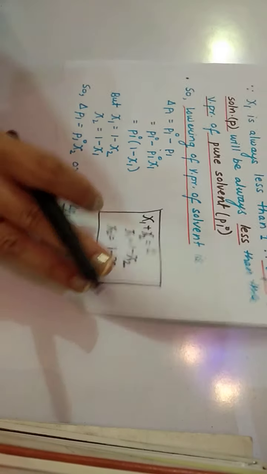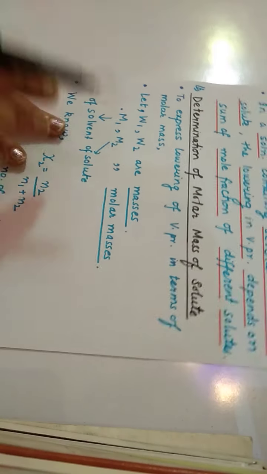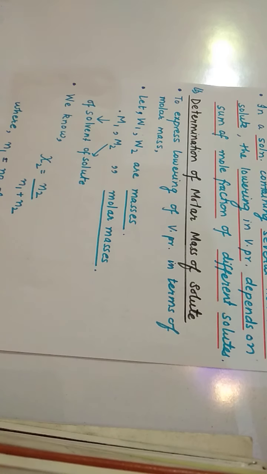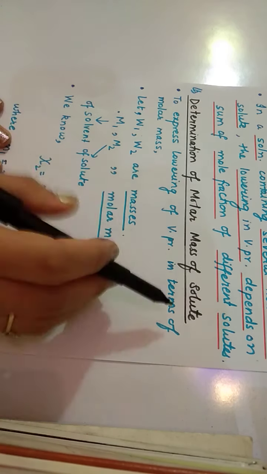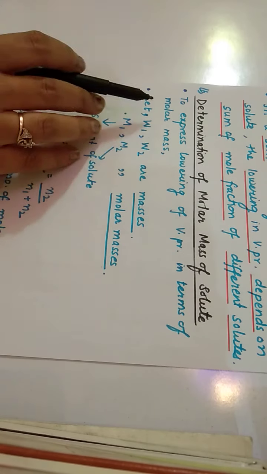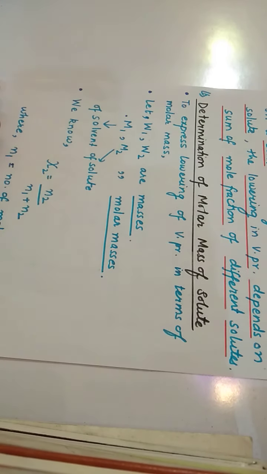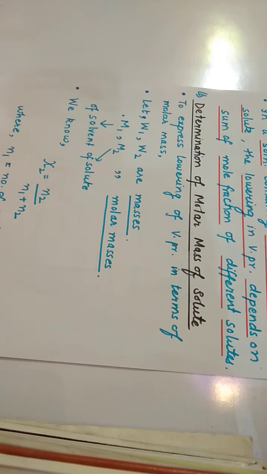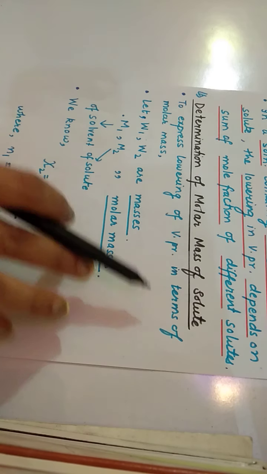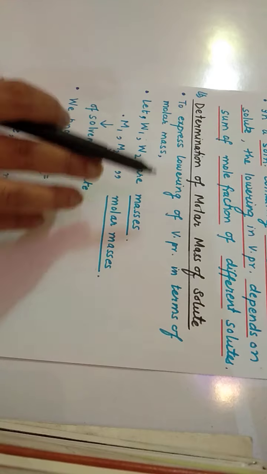Okay, now next one. We will determine the molar mass of the solute. Determination of molar mass of solute. So, to express the relative lowering in vapor pressure in terms of molar mass. Now, just now children we have done relative lowering in vapor pressure, which is a colligative property.